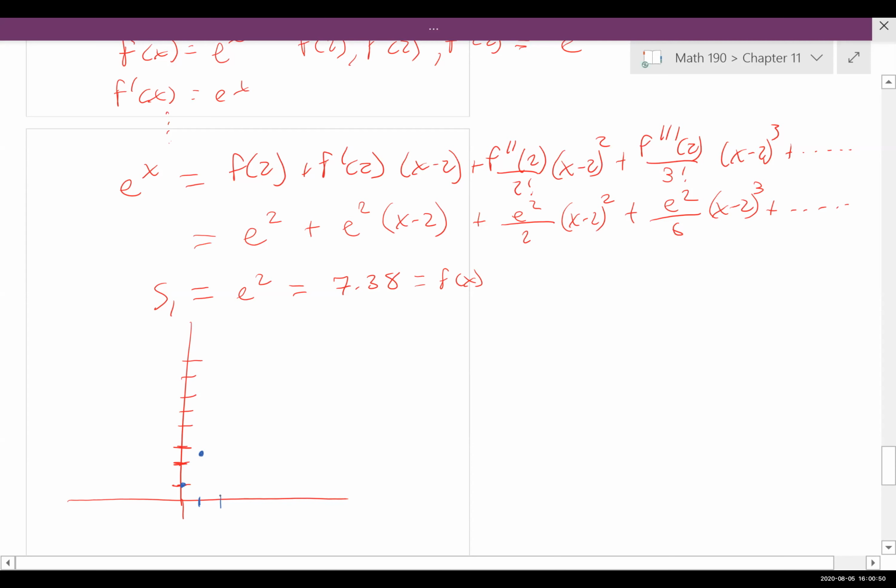At 2, where are we? We're at 7.38, right? So we're getting this curve. This exponential looks like this. Does that make sense? Exponential.